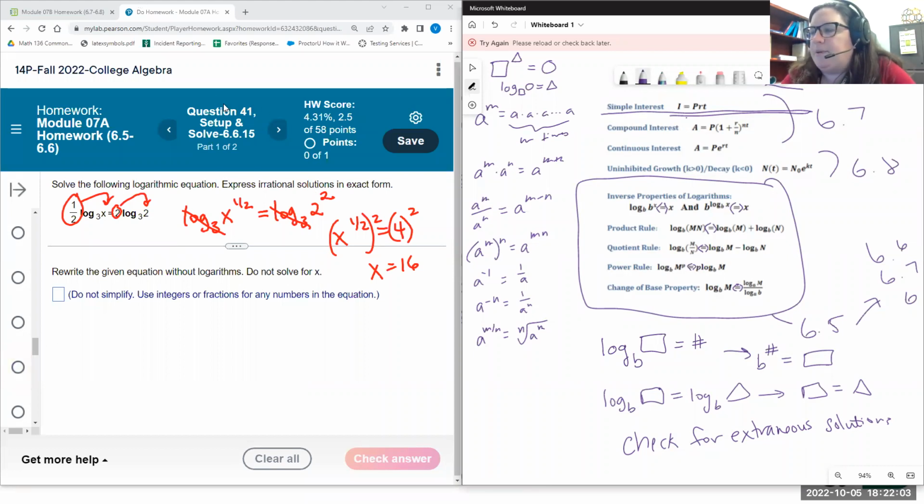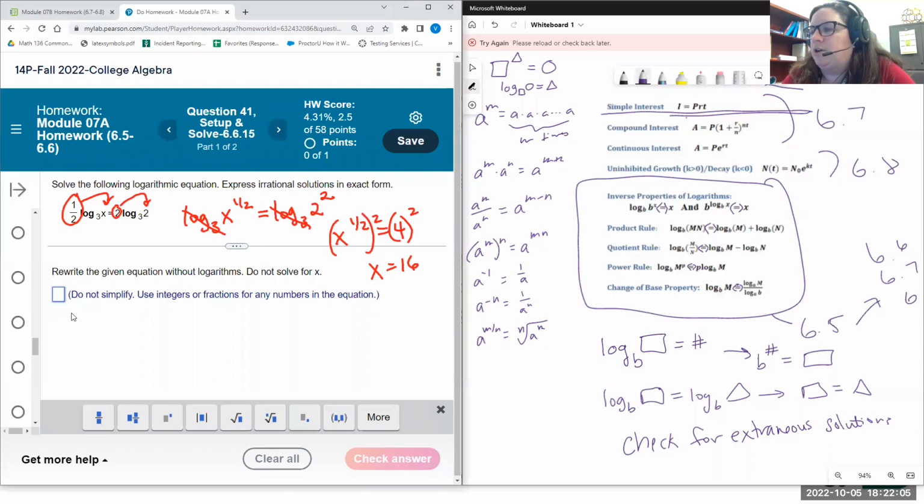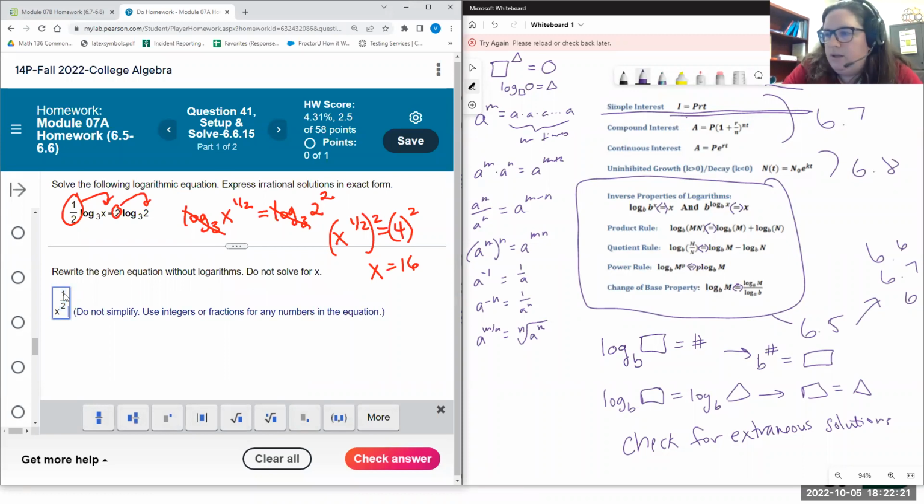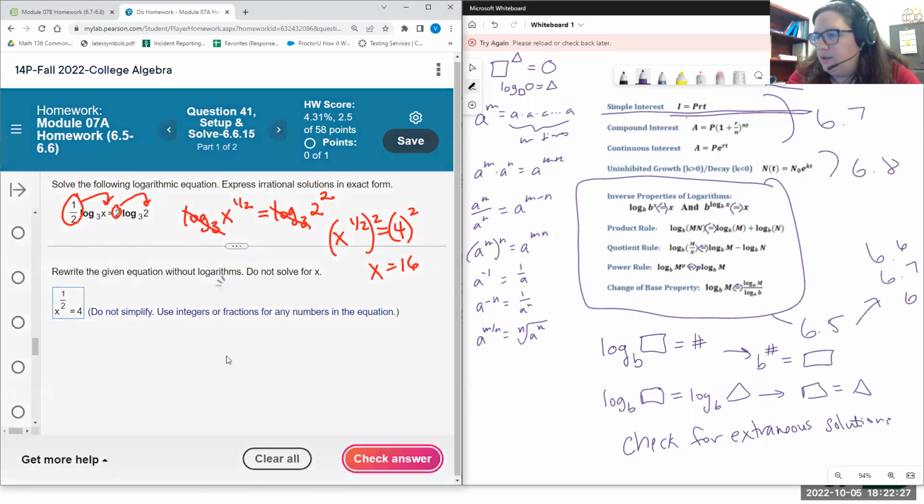Now this is a setup and solve type. So first it wants you to rewrite without logarithms. So it wants you to get to that point of the process after we've undone the logarithms but before we've finished solving. So the x to the 1/2 equals, let's see if it'll accept if I've already done that.